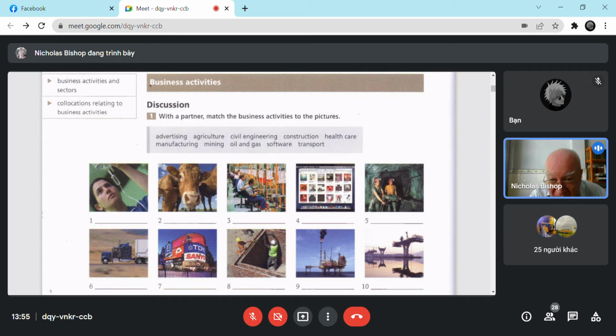Anybody finished yet? I mean, it's not difficult as long as you can see the picture and you know what the word means, then you should be able to guess. Any questions about the words themselves?